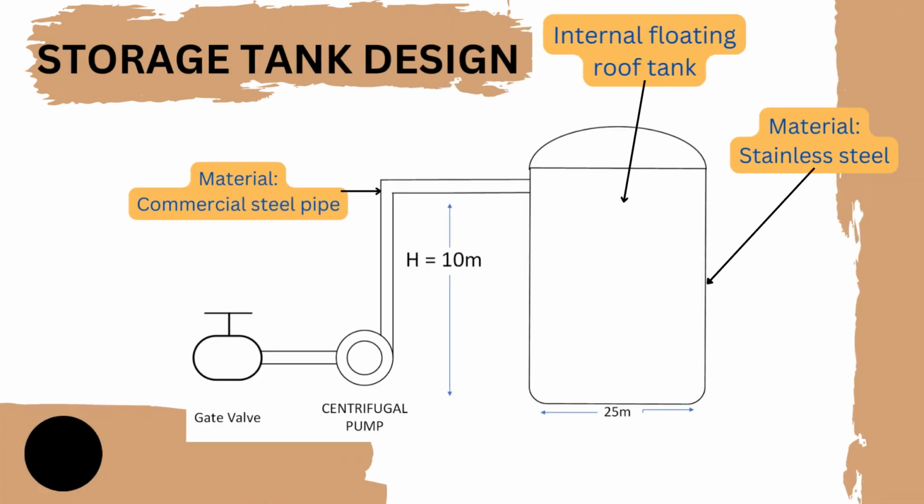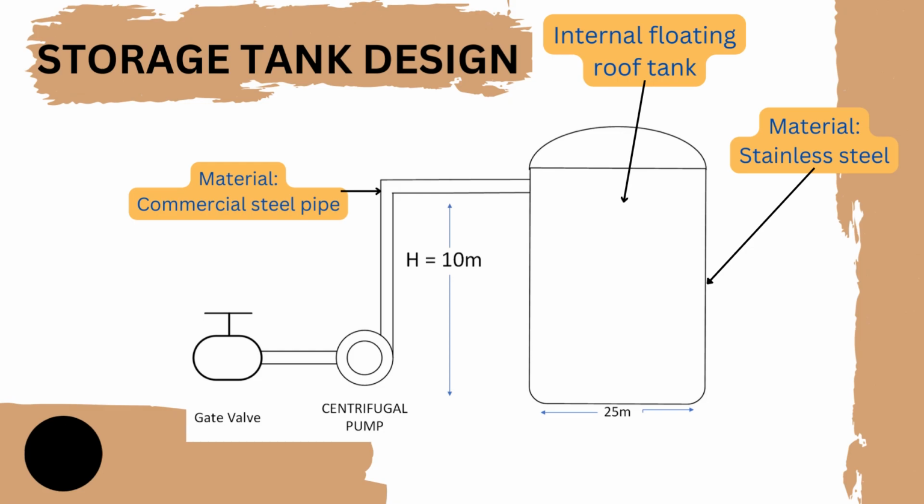Alright, for the storage tank design, firstly, we choose the internal floating roof tank design because it uses filters to seal off the tank's wall, which can lower the evaporation and prevent dangerous gas from accumulating. Then, our tank is made of stainless steel, which can prevent impurity from forming when acetic acid is being stored in it.